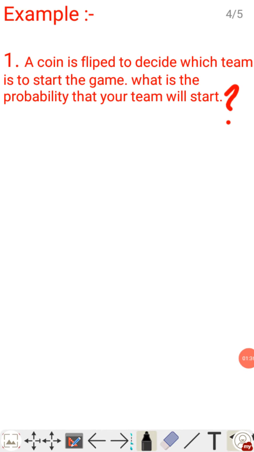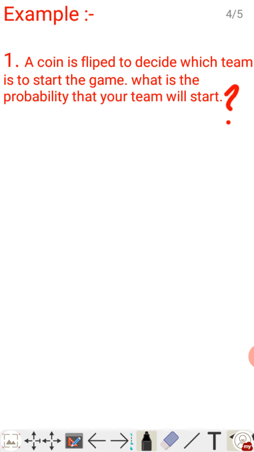First of all, for the solution we will find the total number of outcomes. There are two teams in which the toss is going to happen. So what will be our total number of outcomes? The total number of outcomes will be 2.